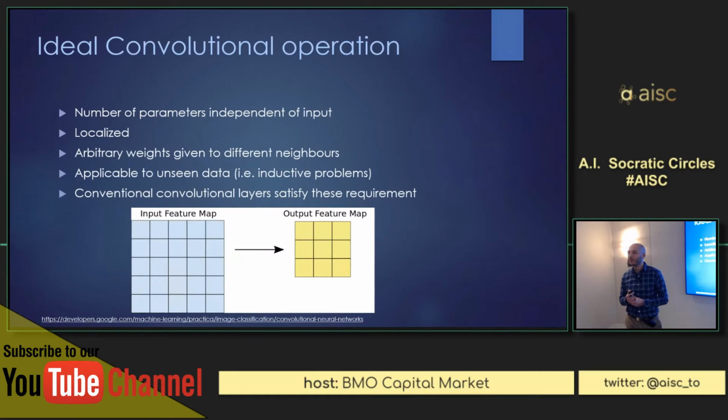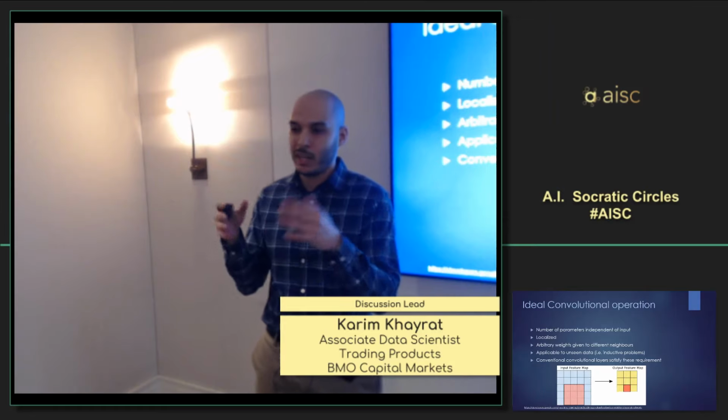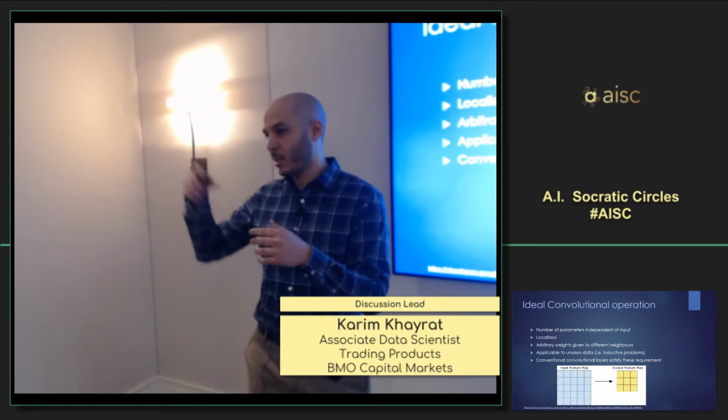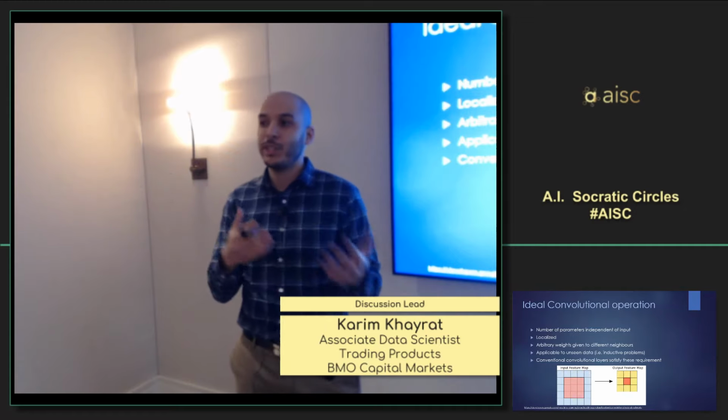Arbitrary weights given to different neighbors. That's a very good question. So remember, the neighbors of a node are unordered. So how do you decide to give one weight to a node and not to another, or a different weight? And you don't have any sense of ordering in a normal convolution network layer. You have the relative distance between each pixel. But here you don't have that information.